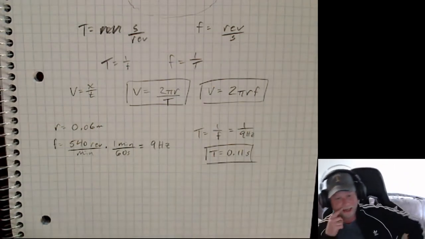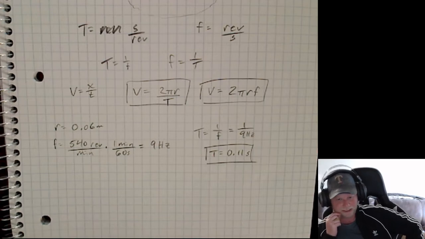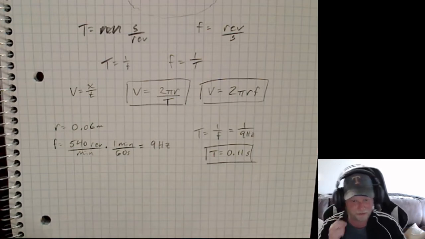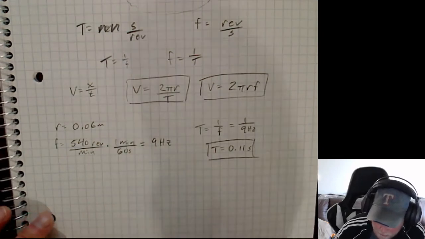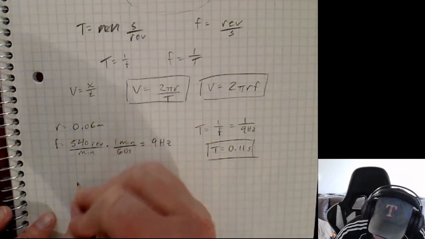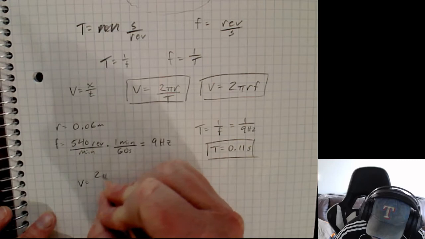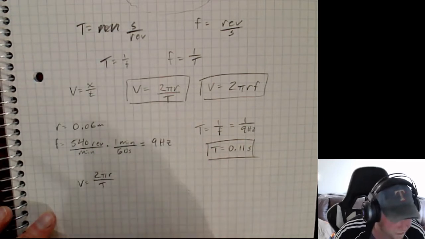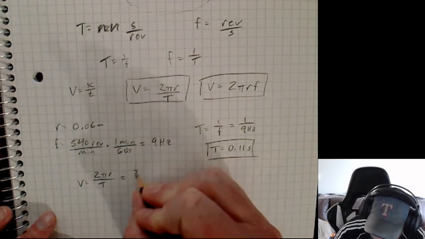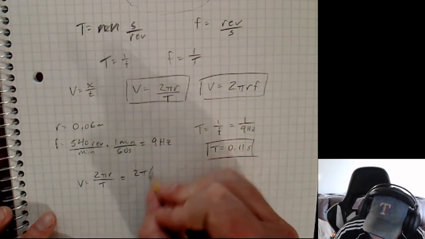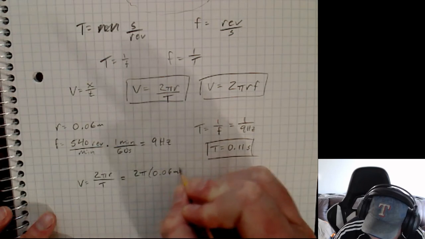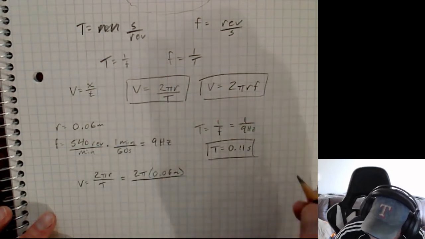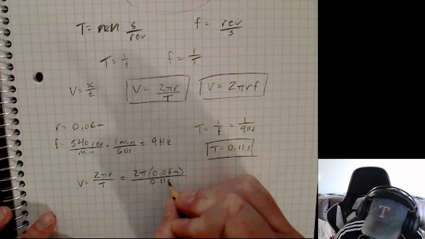So the second thing they ask us is, if a speck of dust rides on the outside of the edge of the disk, how fast is it moving? Well, our speed is determined by a distance, the circumference, over your period, right, which would be 2 pi times our radius of 0.06 meters over a period of 0.11 seconds.